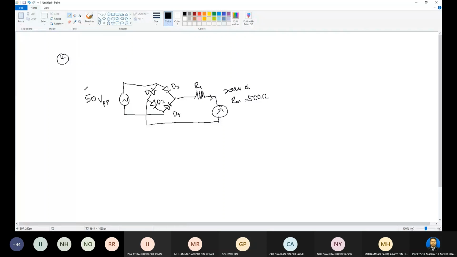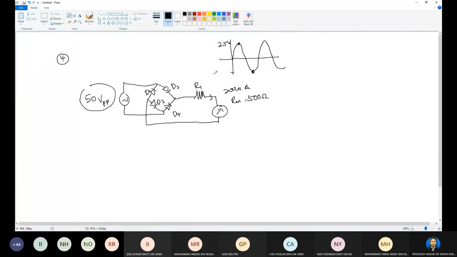For example, this is our supply, and the measure is 50 volt peak to peak. That means from this point to this point is 50 volt, so here will be 25 volts and here will be negative 25 volts.